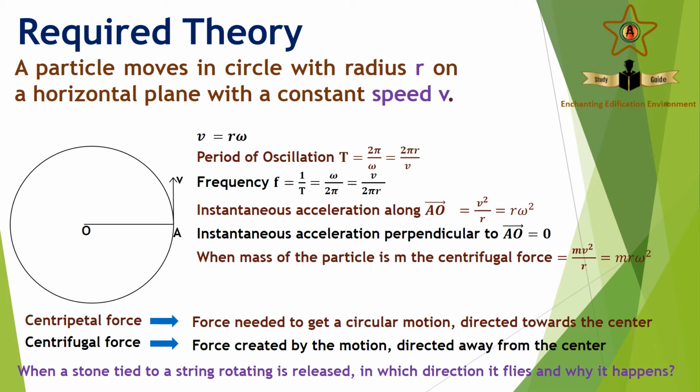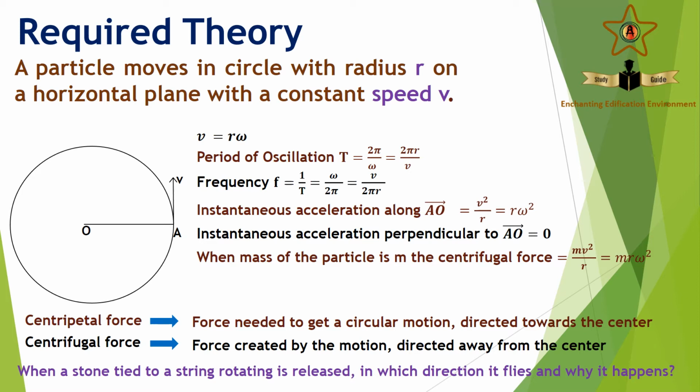When a stone is tied to a string, rotated in a horizontal circle and released, in which direction does it fly? That is, whether the particle flies toward the center or outside the center. How can we explain this? To explain this, we have to consider the centrifugal force.